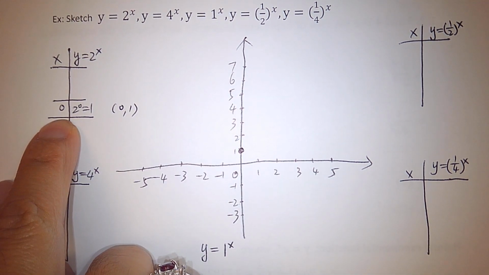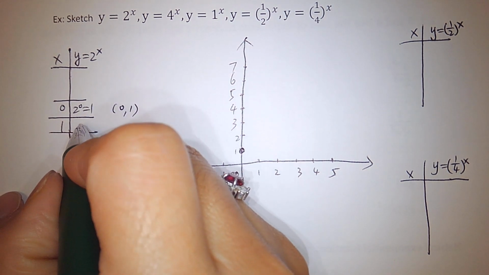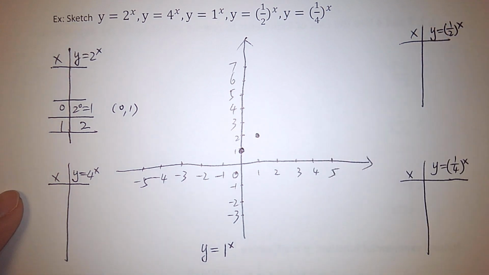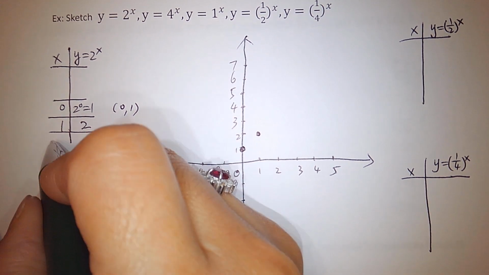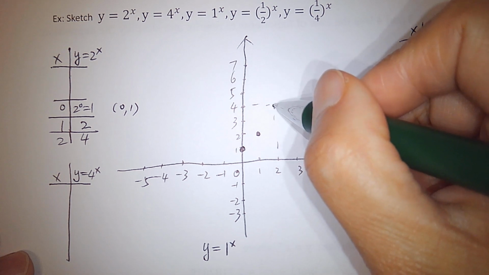Can we choose x equals 1? So that gives us y equals 2. So (1, 2) is a key point. How about x equals 2, y equals 4? Of course we can do that. (2, 4) is another key point here.